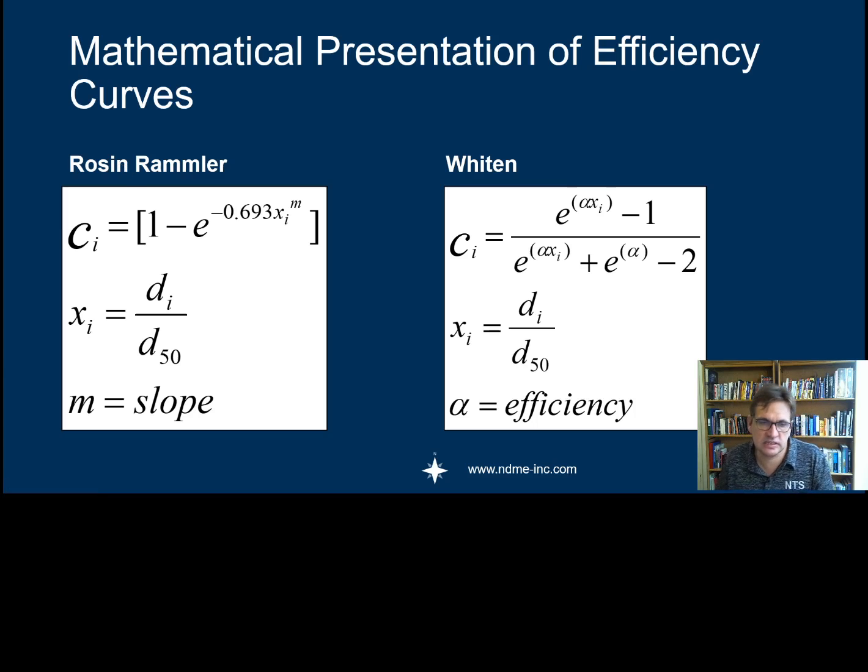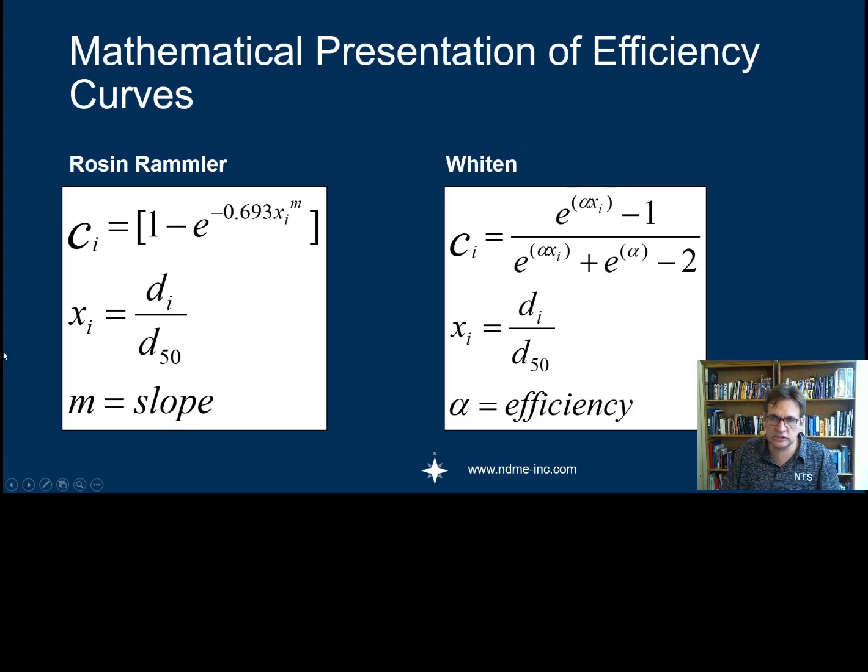Okay, having said that, as I said when I was showing you that curve, you've got a sharpness of cut and a D50. Both of these have a D50 in them. They have a sharpness of cut, which is basically that slope. And I'll say to you, the alpha is really based on the RD and how you control that, and a little bit more about that later. But the point is that the only real differentiator between these two curves is the alpha and the M parameter, as some of them call it in the Rosin-Rammler case.